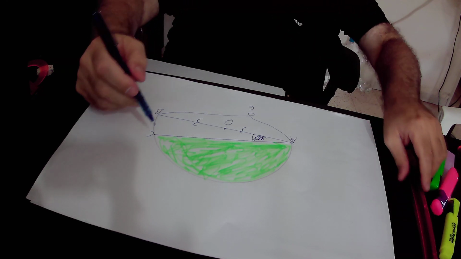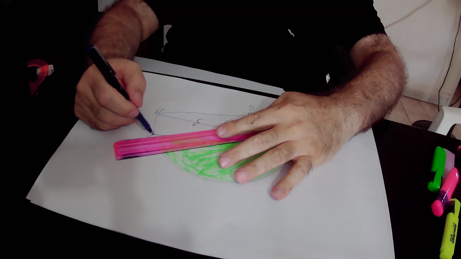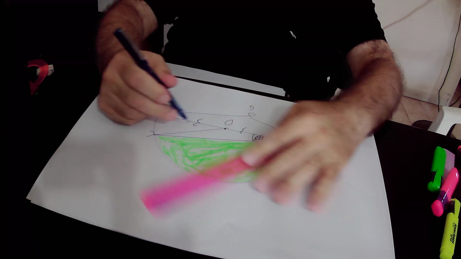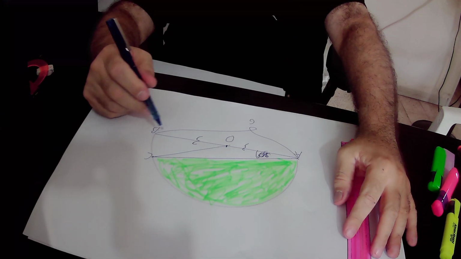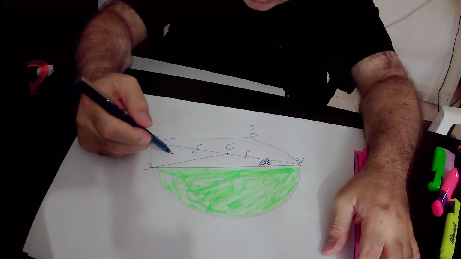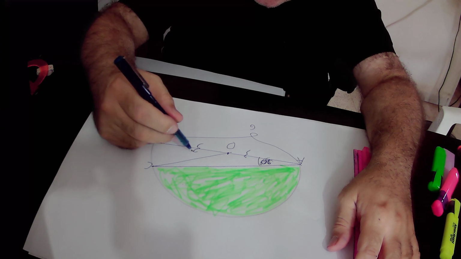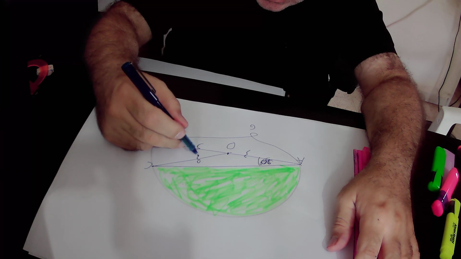We join points O and C together by a straight line. Point O is the center of the semicircle, point C is a point of the semicircle itself. Therefore OC is the radius of the semicircle, that is equal to 3 units.